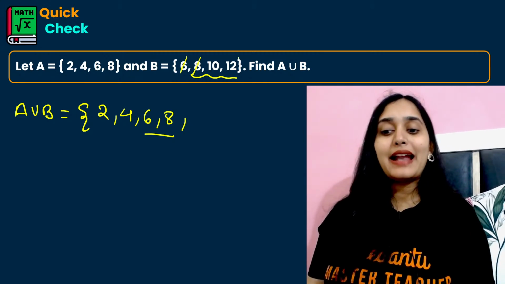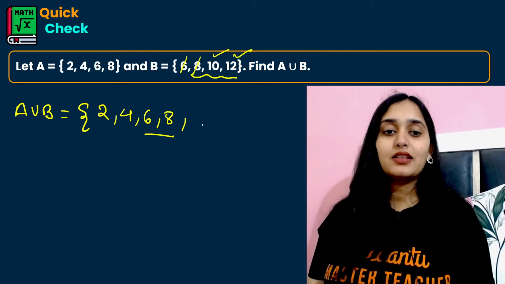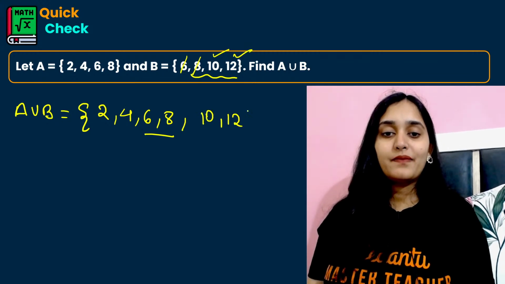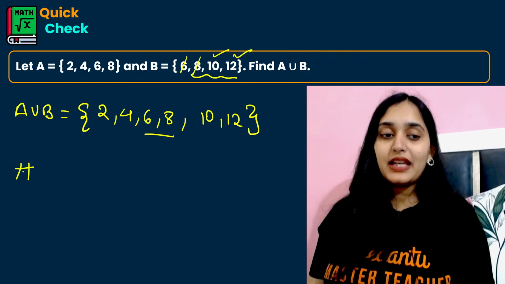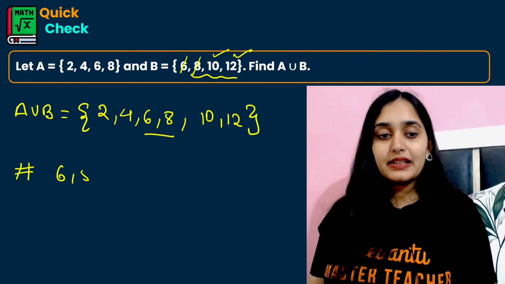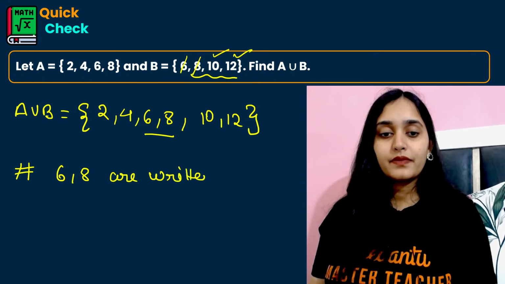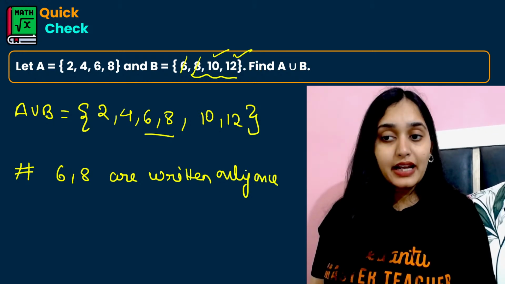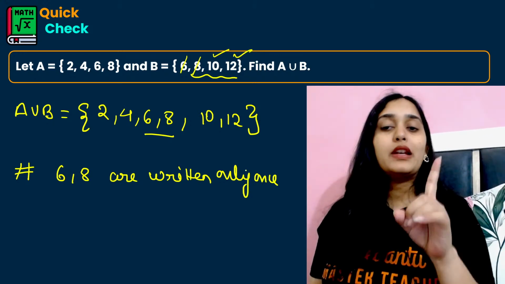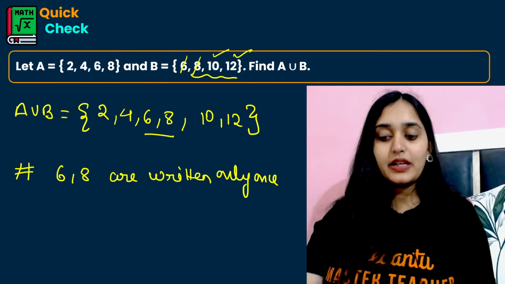We will simply write the other two elements, 10, 12. So this is basically A union B. So here please remember 6, 8 are written only once.